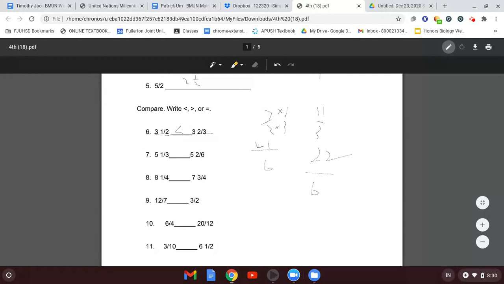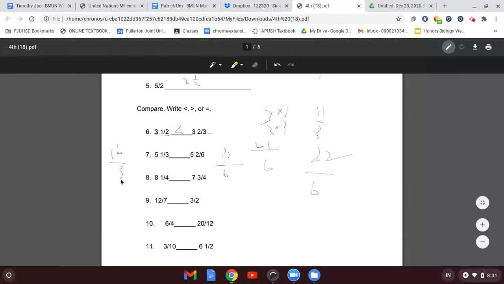For this one, once again, we have to make this first into a regular fraction. So you multiply 5 times 3, which is 15, and then you add the 1, which is 16. So 16 over 3, and then 5 times 6, which is 30, plus 2, is 32 over 6.